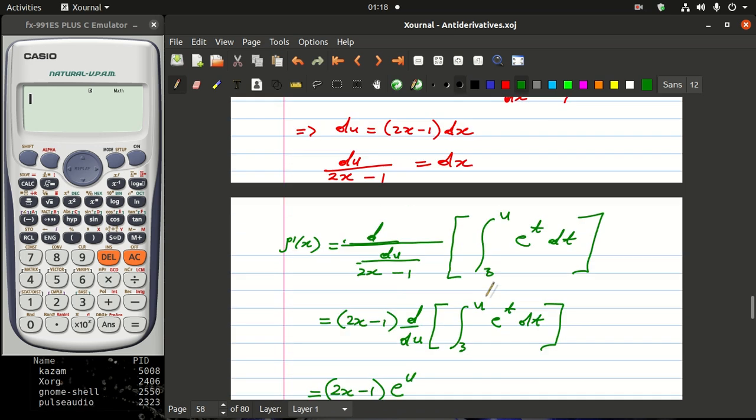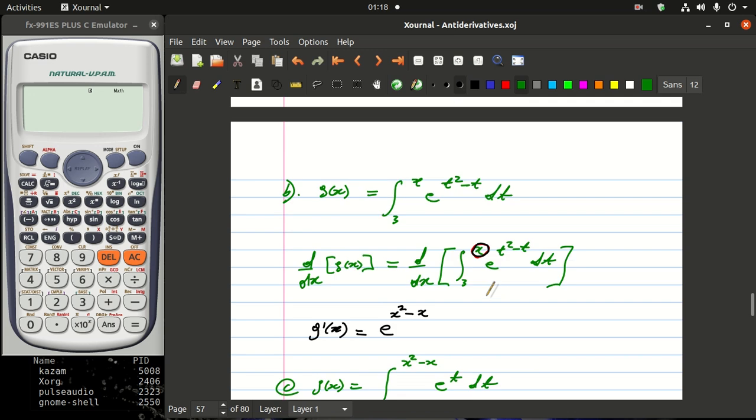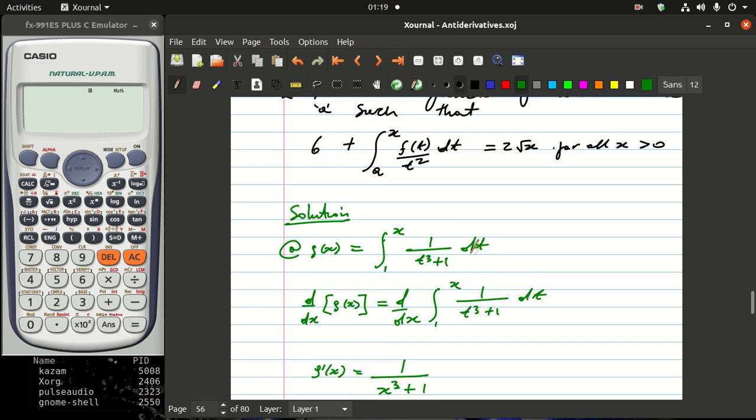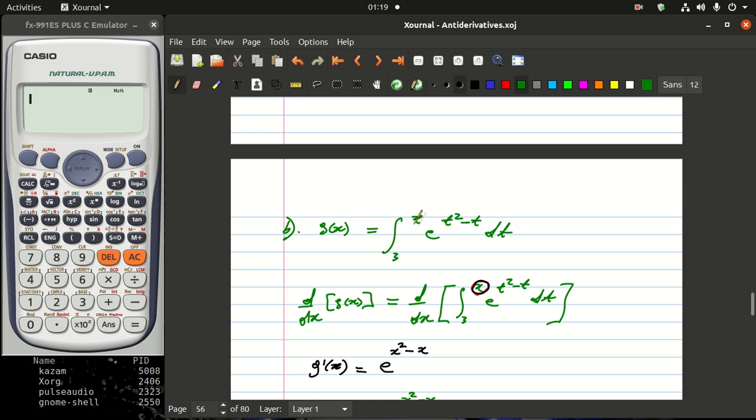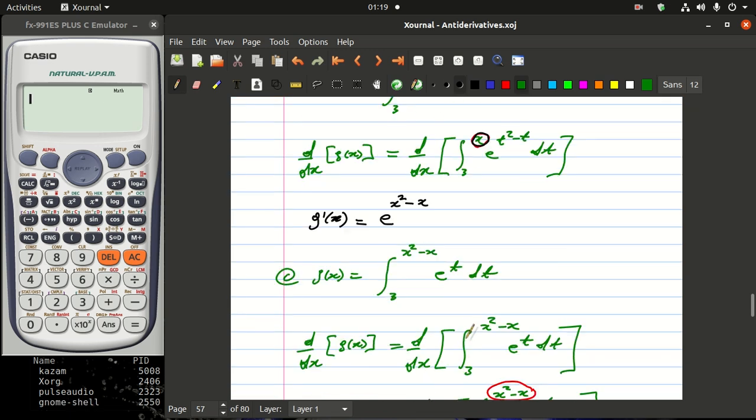Again, just a quick summary here: when you are having something that is straightforward as this, just take this x and replace the t. That is going to be your derivative. The same thing here, if you are having an x sitting there, take this, replace these t's. That is going to be your derivative.